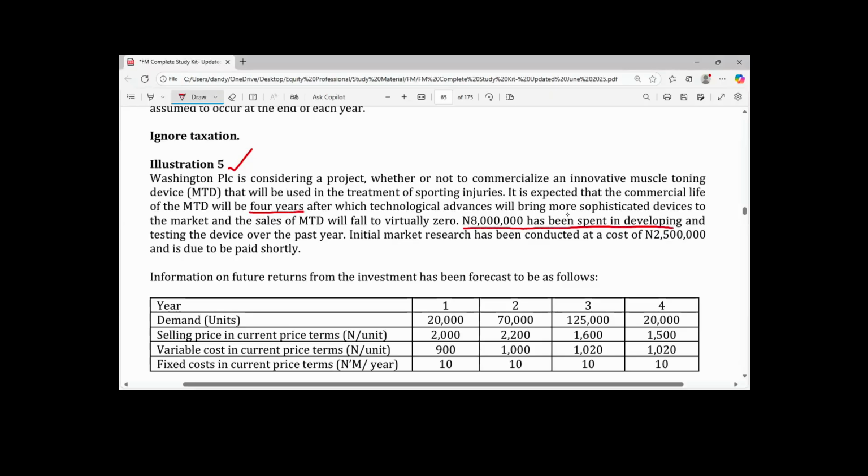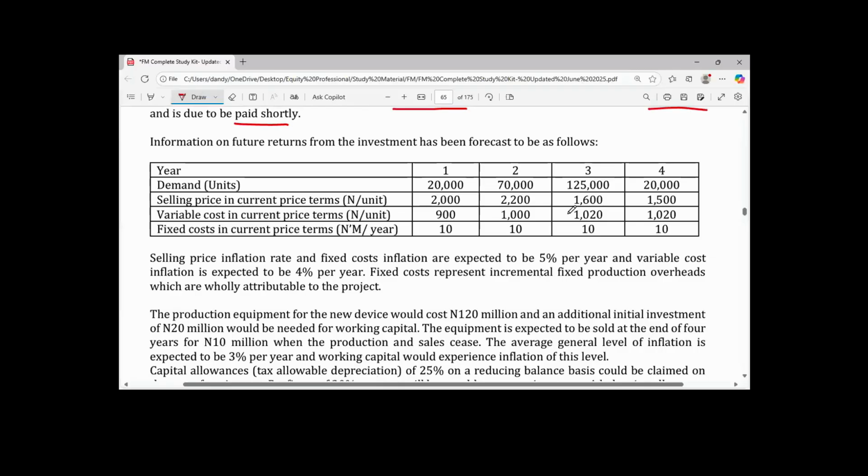Initial market research has been conducted at a cost of 2.5 million and is due to be paid shortly. Information on future returns from the investment has been forecast to be as follows.